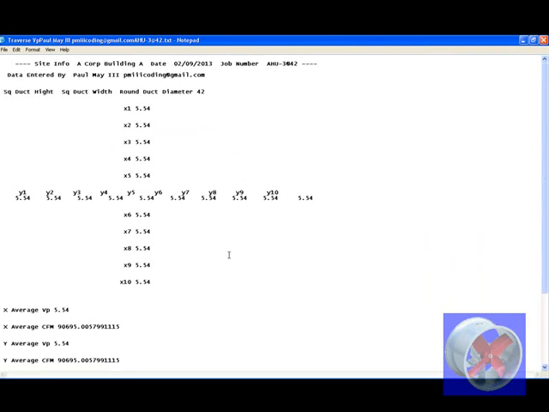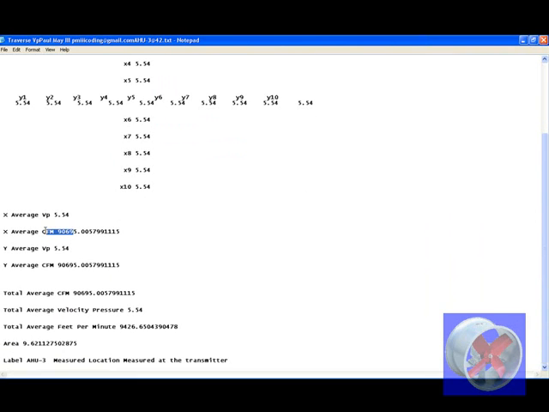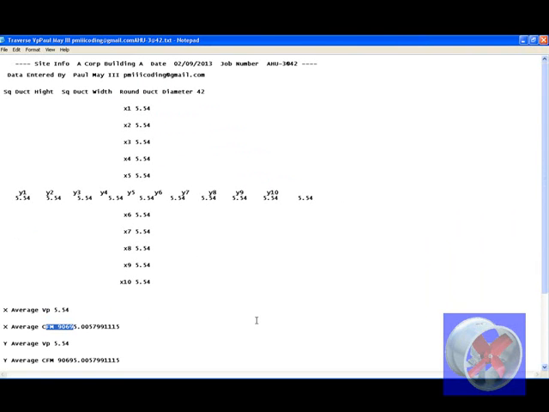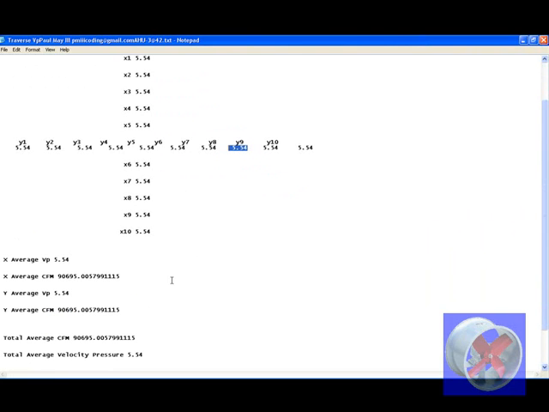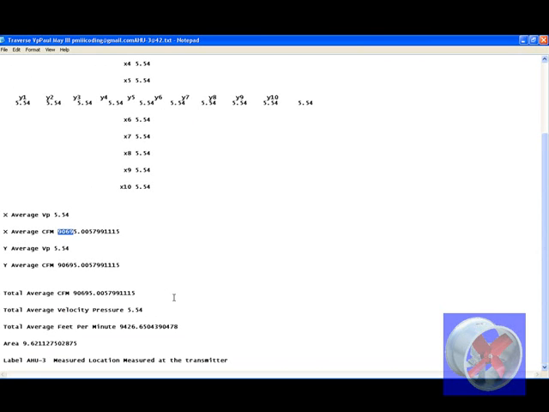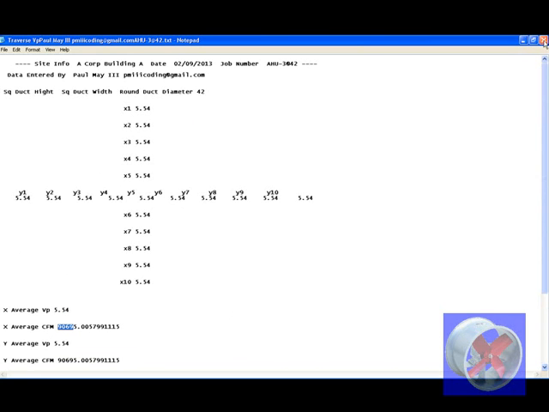So in this report, this is going to be our new scaling for the 60,000 CFM transmitter that was rated at 5.54. It will now be rated at 90,695 for this particular application.